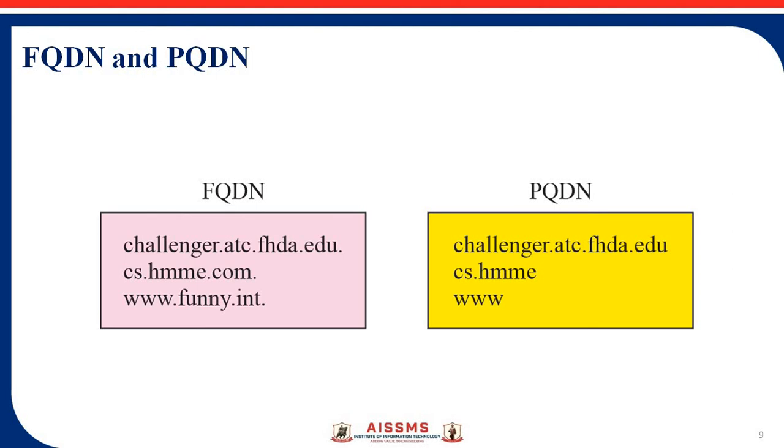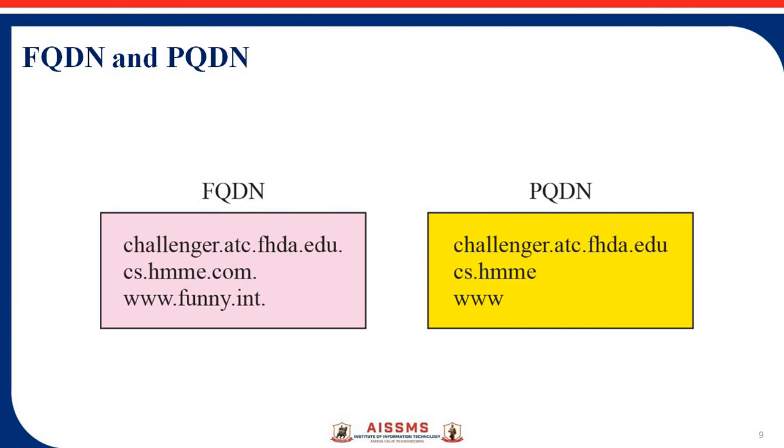It is used when the name to be resolved belongs to the same site as the client. Here the resolver can supply the missing part, called the suffix, to create a fully qualified domain name. For example, if a user at the fhda.edu site wants to get the IP address of the challenger computer, the user can define the partial name.